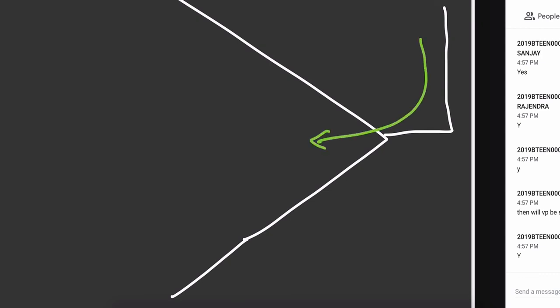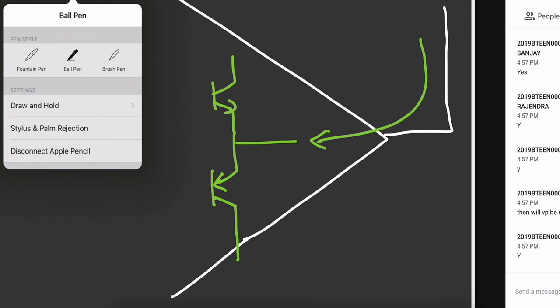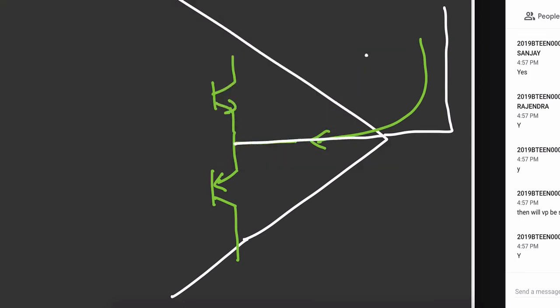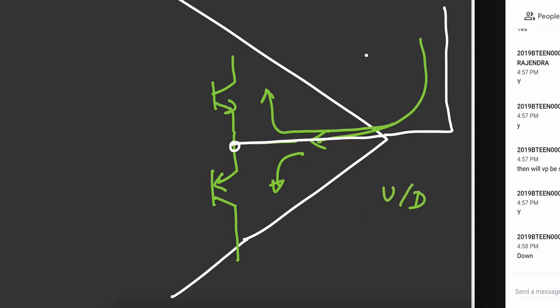And there is a transistorized circuit here, and then the current will flow here. Now will it go up or will it go down? U or D? Type either U or D.